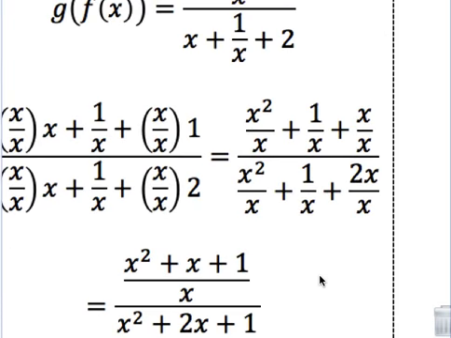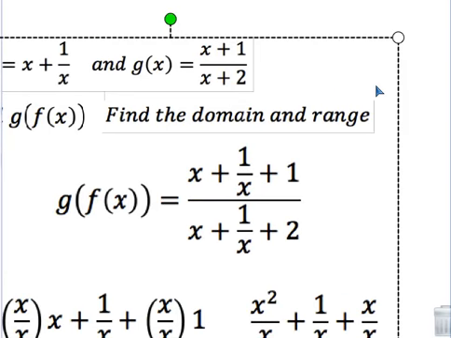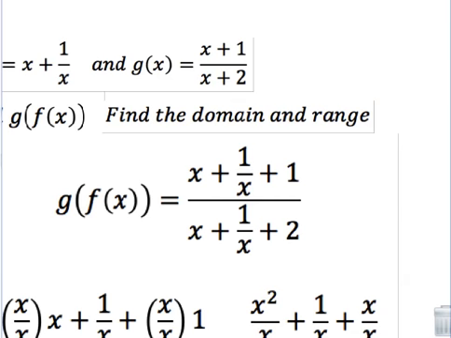If I come back to my original f of x, if I have a 0 for x, then I have an undefined term there.